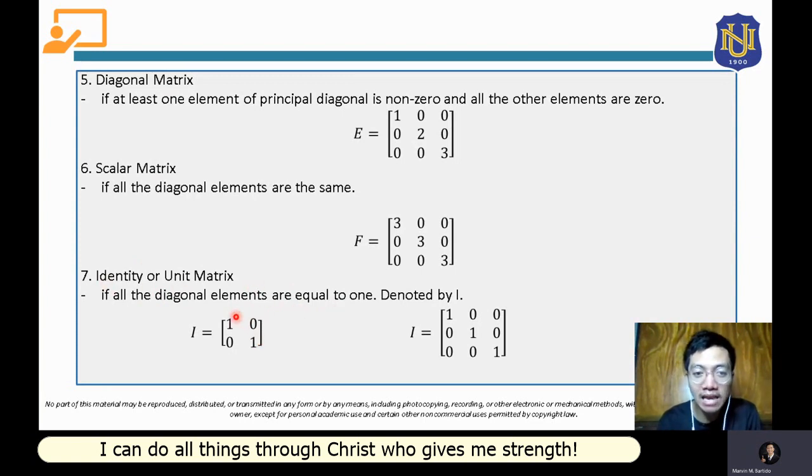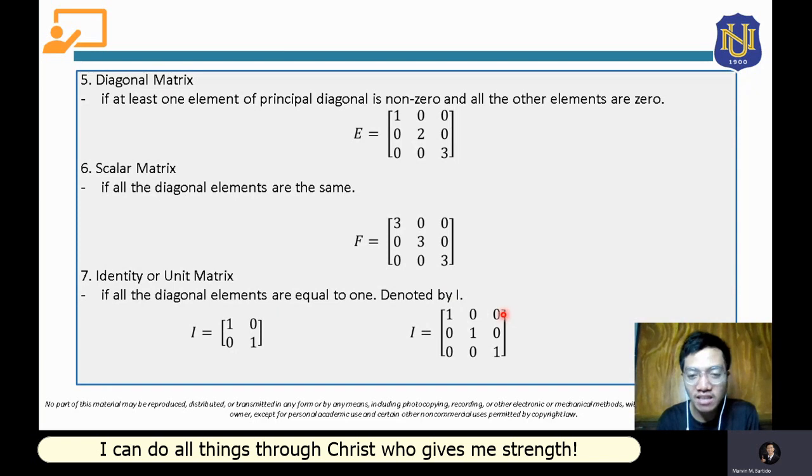Again, if all the diagonal or principal diagonal elements are 1, they are called an identity or unit matrix. This is denoted by capital letter I. As you can notice here, there are matrices that belong to two or more classifications or types.